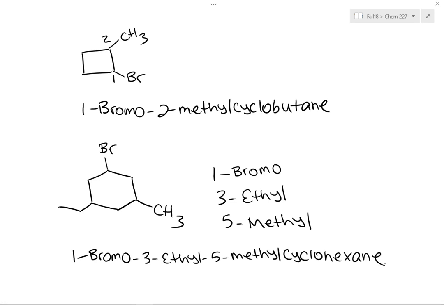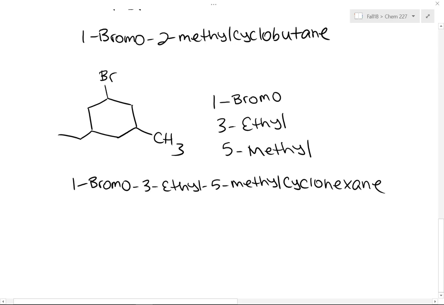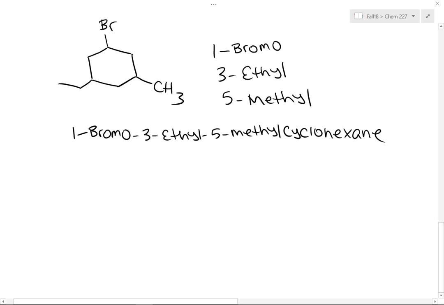If we have complex substituents and we know the names, we can use the name for the complex substituents. So let me give you an example here. Okay, so the parent here is going to be cyclobutane. This substituent there, if we start numbering the carbons, carbon 1 is going to be the carbon that's directly bonded to the parent.